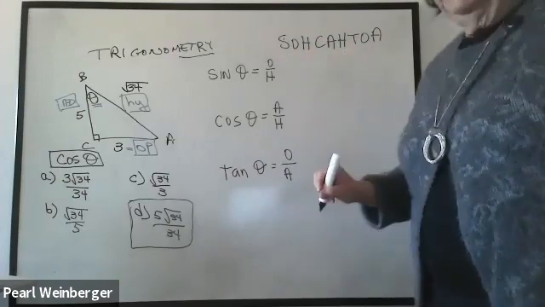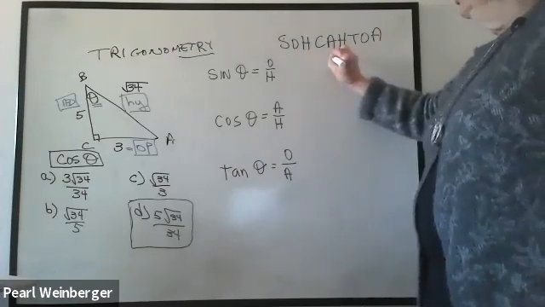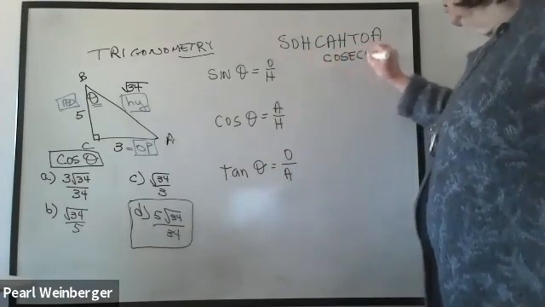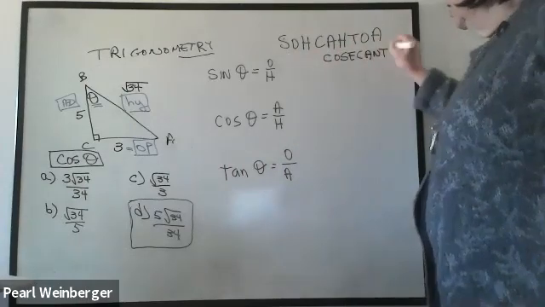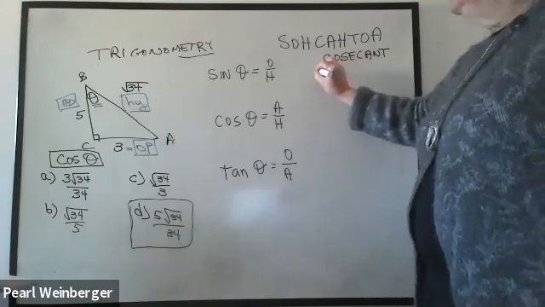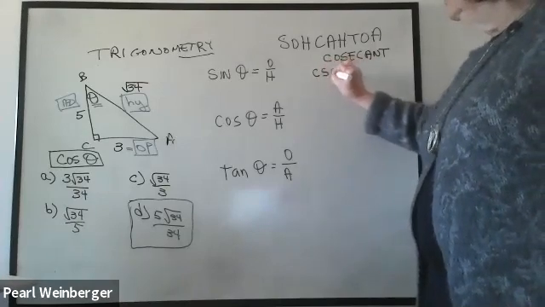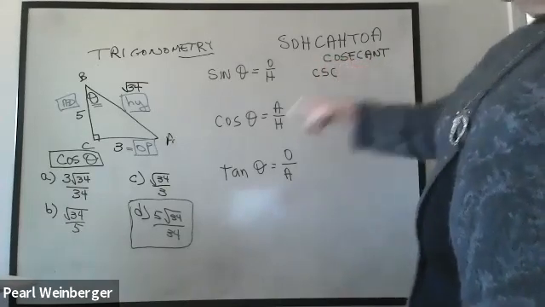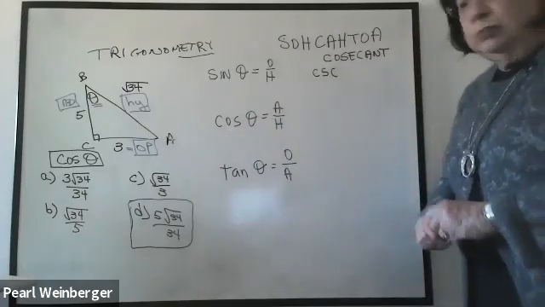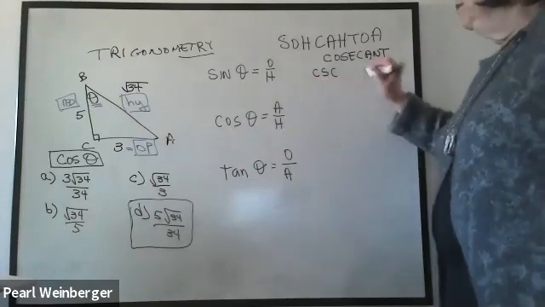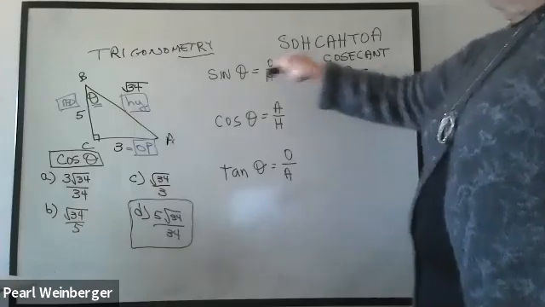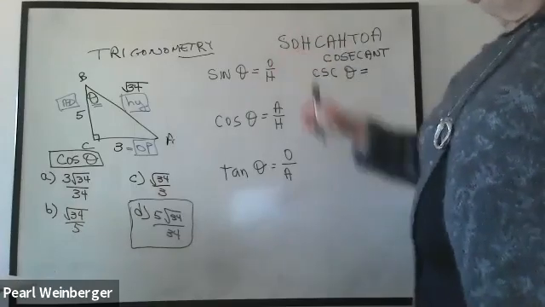What are the other 3 trigonometric functions? So one is called the cosecant. It's abbreviated CSC. It can't be abbreviated COS because we're already using the COS for cosine, so we call it CSC. The cosecant of theta is just the reciprocal of the sine.